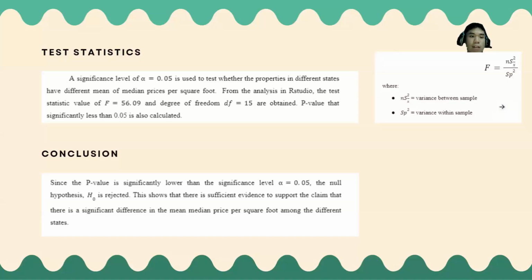From that, we get our p-value, which is significantly less than 0.05. So we can conclude that the null hypothesis is rejected because there's sufficient evidence that supports the claim that there is a significant difference in the mean median price per square foot among the different states.